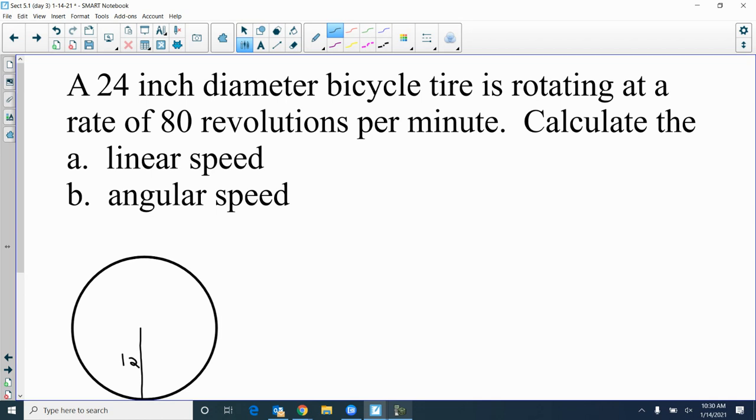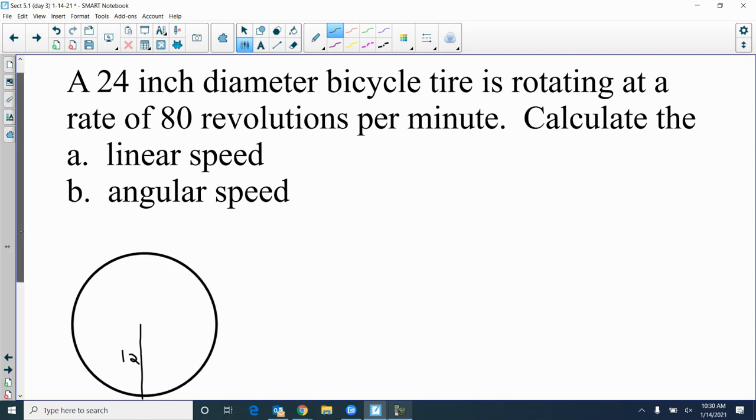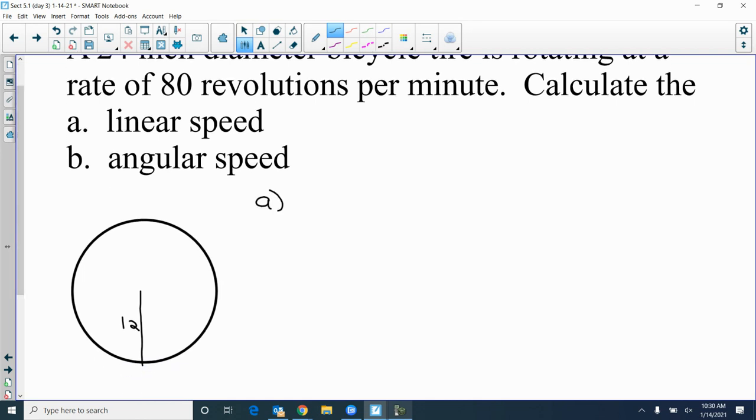Every time it makes a rotation, it travels the length of its circumference. Every time it makes a rotation, it goes 360 degrees or 2 pi radians. So for the linear speed, since it makes 80 rotations, take 80 times 2 pi times 12, a tenth is fine.